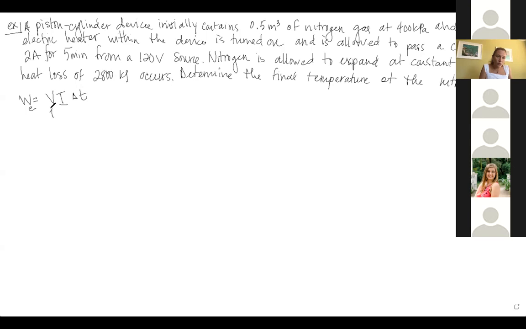So this is your voltage, this is your current, and this is your change in time. So you don't really have to know anything about electrical work to solve this problem. You just need to know what this equation is.